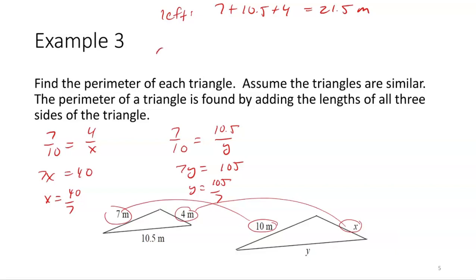So the triangle on the right has a perimeter of 10 plus 40 over 7 plus 105 over 7. Let's think of that 10 as 70 over 7. If you add those up, 70 plus 40 is 110, plus 105 would be 215 over 7 meters. And then with the calculator, you can approximate that.